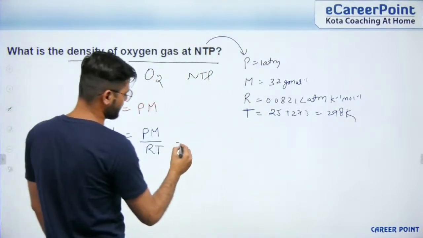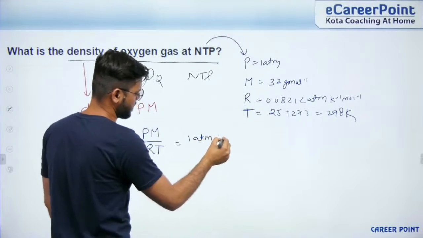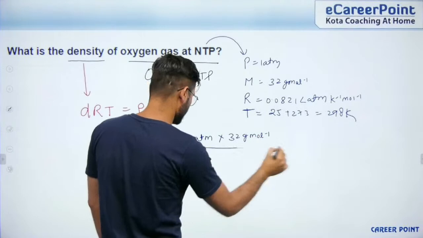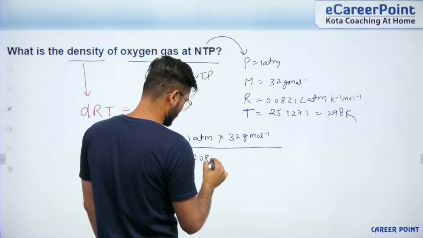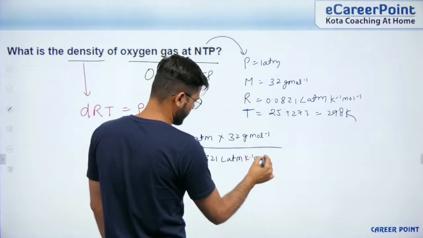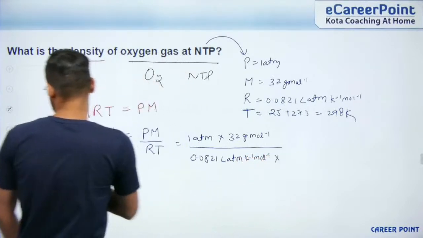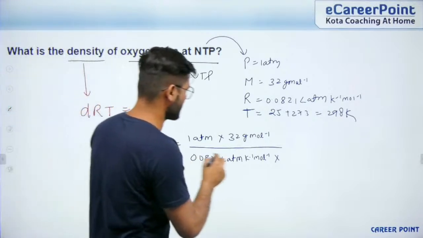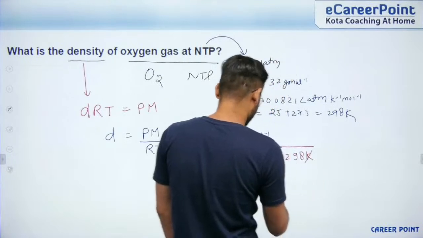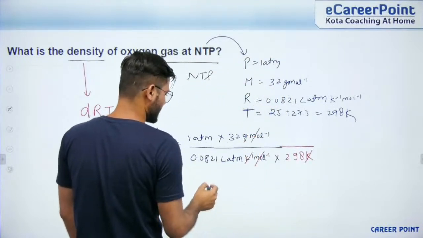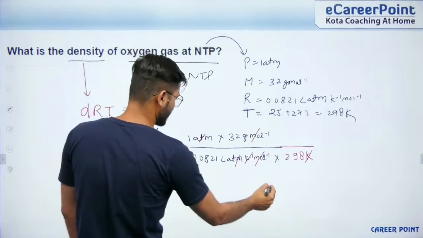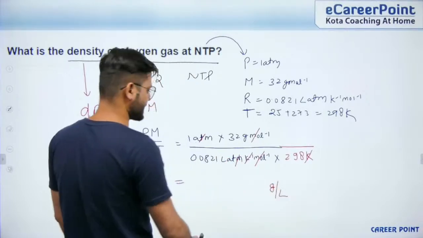So now you can write pressure 1 atm, 32 gram per mole, divided by 0.0821 liter atm per Kelvin per mole into temperature 298 Kelvin. Kelvin to Kelvin cancel, per mole to per mole cancel, atm to atm cancel. So you will get this in gram per liter, which is the density.